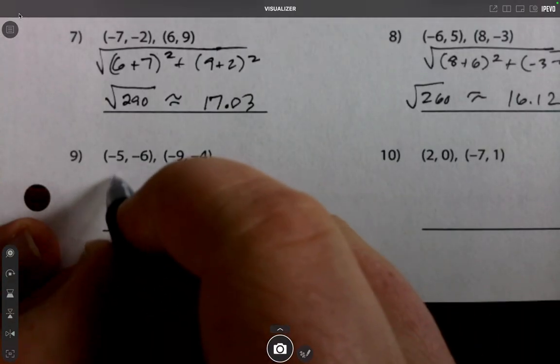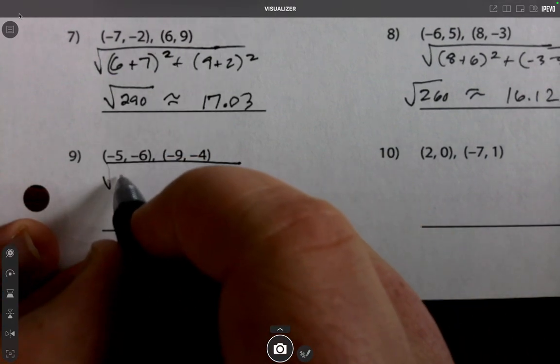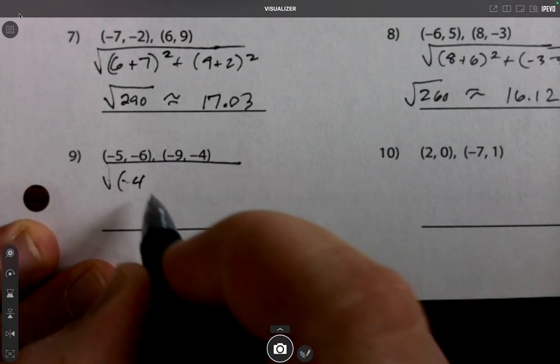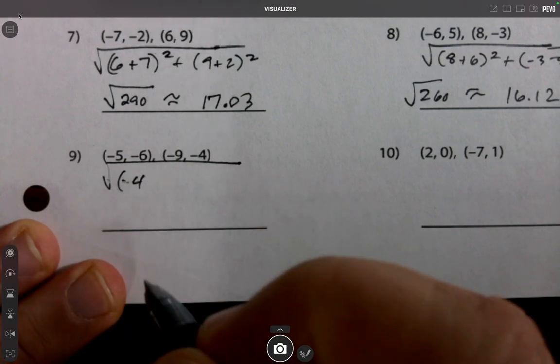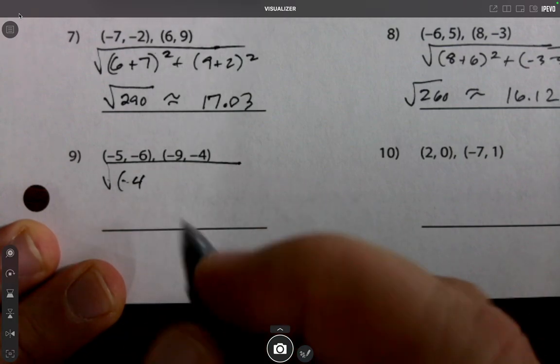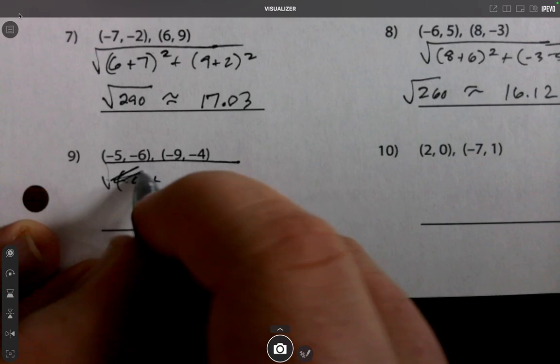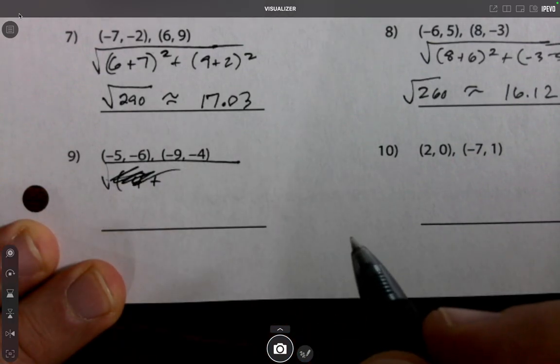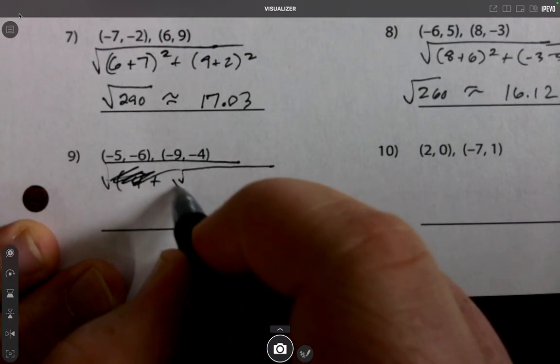Number 9, we get the square root of x2 minus x1, so minus a negative 5 is really plus. Sorry, I'm using y's. Let me correct that. I don't know why I keep doing that.